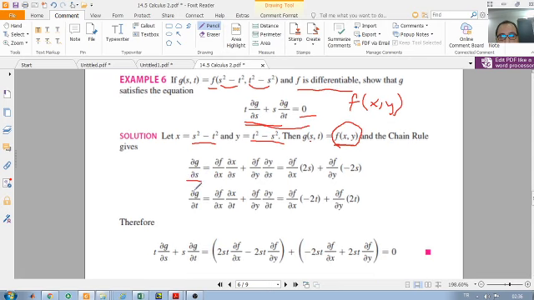So using the chain rule, case 1, the partial derivative of g with respect to s is equal to the partial derivative of f with respect to x times the derivative of x with respect to s, plus the same idea for y. And then we write del f over del x. We don't know the exact definition of f. Therefore, we write again the notation for the partial derivative times the derivative of x with respect to s.